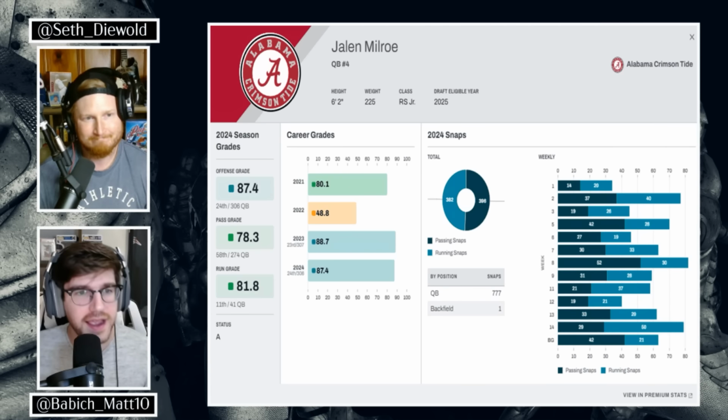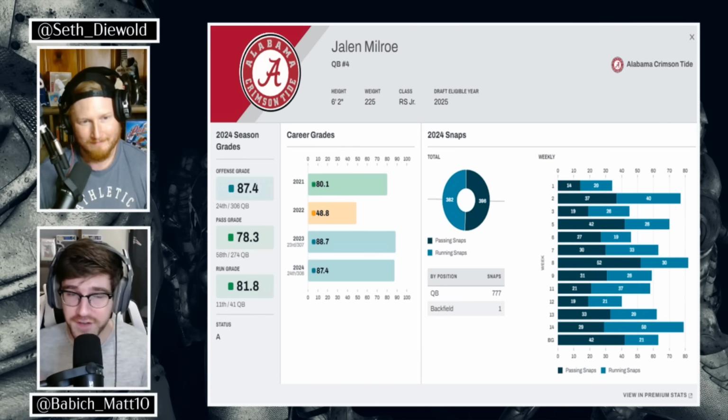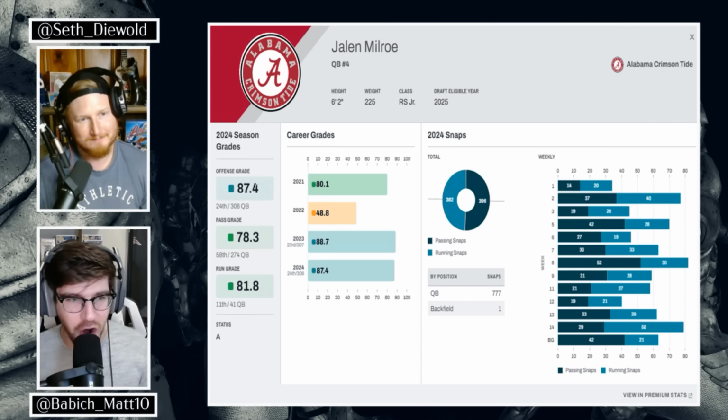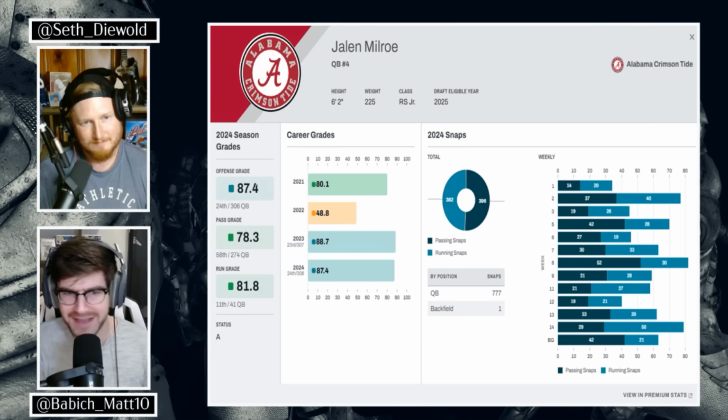They bring in Darnold. They trade DK Metcalf. They let Lockett go. They do bring in Kupp, but at what age? So there's going to be a really short leash here for Sam Darnold. Even if Darnold's playing well, if they're bad, Milroe's going to get some run at some point towards the end of the season.